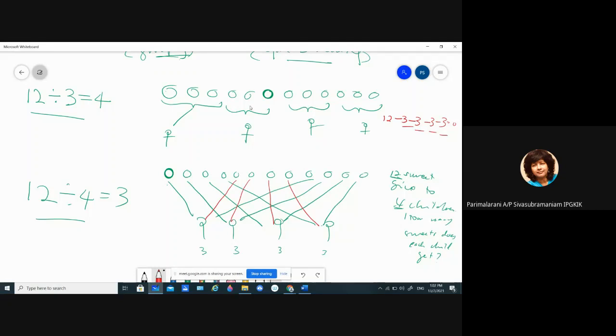Partition, yes, partition. So he puts 1 in each bag until he finishes. Okay, partition model.